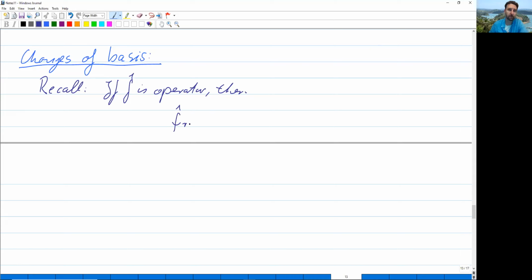So the matrix elements of f hat are f_rs = <B_r, f hat B_s>. Okay, and let me remind you that in this way we have expressed the concrete matrix elements in terms of the abstract linear map f hat. But we can also go the other way around.